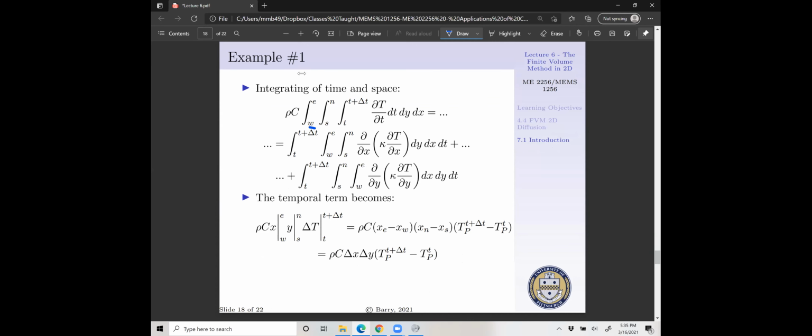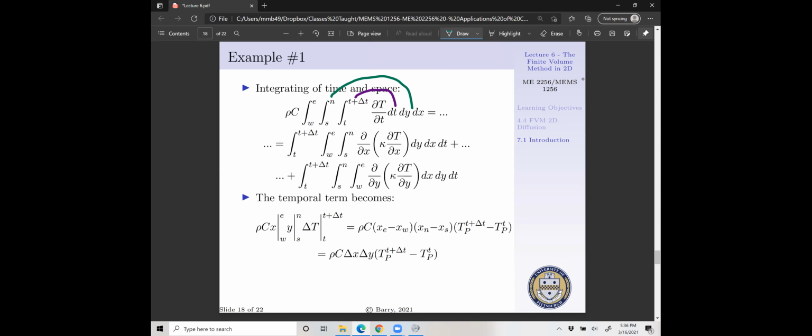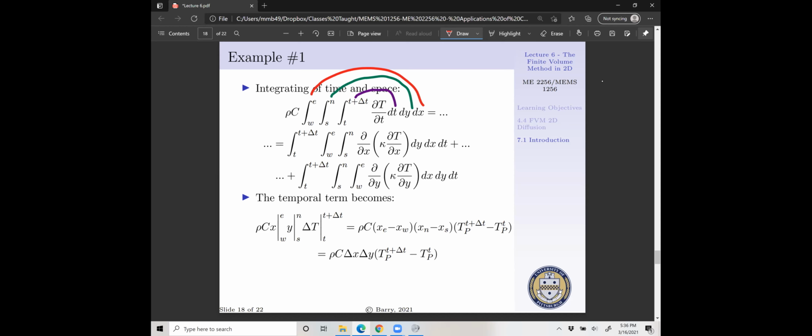We're going to integrate from west to east, south to north, t to t plus delta t of our partial T with respect to t. And then we make sure what we're integrating with respect to lines up. So we have our dt corresponding to our integration over time. We have dy corresponding to our integration bounds within our y direction, south to north. And then we check that we have dx lining up with our integration from west to east. So that's going to be our left-hand side.